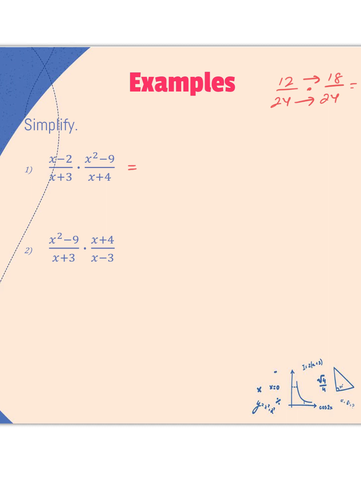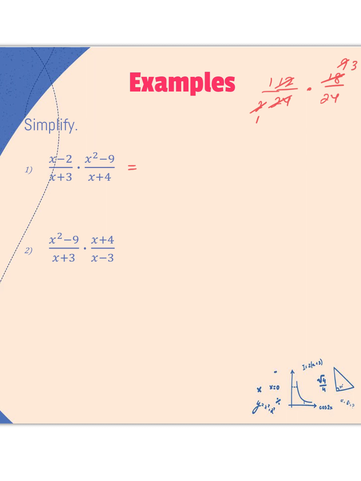So what we learned when we did multiplication of fractions is that if at any point you can simplify, either from numerator to denominator, like 12 goes into 12 once and into 24 2 times, or from denominator to numerator across, like 2 goes into 2 once and 2 goes into 18 9 times, and then 9 and 24 share a 3.